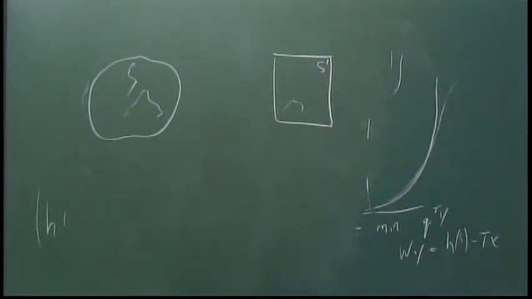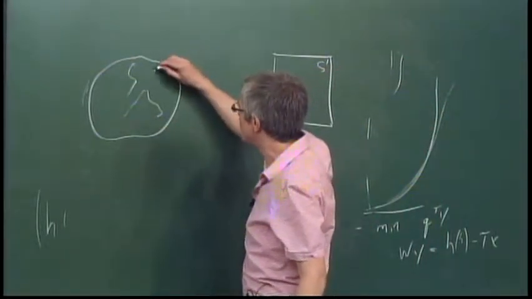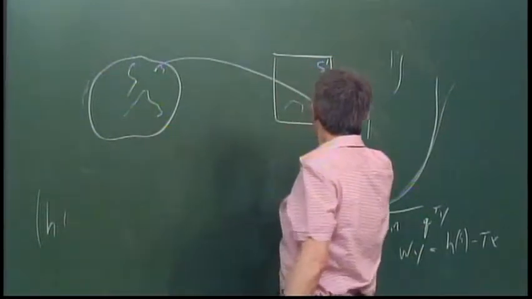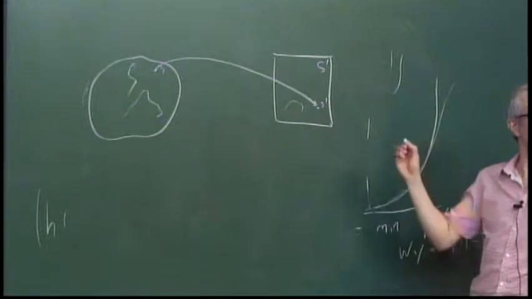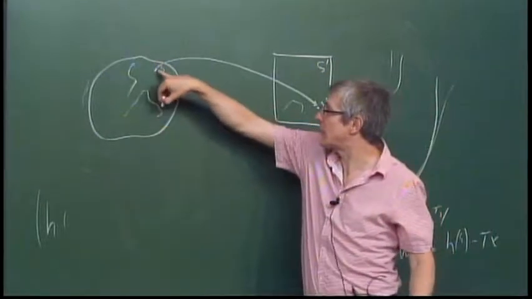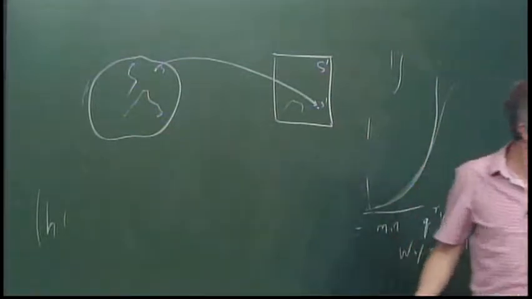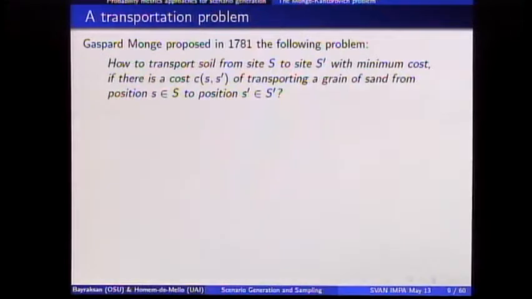So Monge was saying, okay, suppose I know the cost of moving one grain from one location S to one location S prime. Imagine that we have a cost to move a grain of sand from here to here, and I measure this cost by some function c(S, S prime). Is it clear what the problem is?